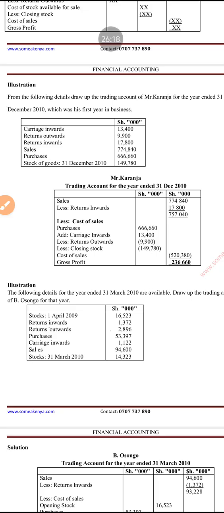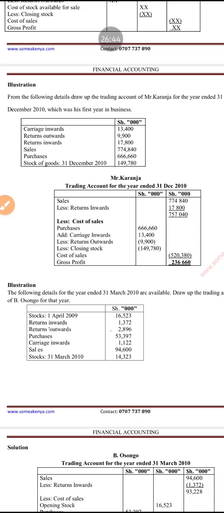So purchases, we add carriage inwards, we less return outwards, we less the closing stock to get the cost of sales. So from the net sales of 757,040, we less the cost of sales of 520,380 to get the gross profit of 236,660.